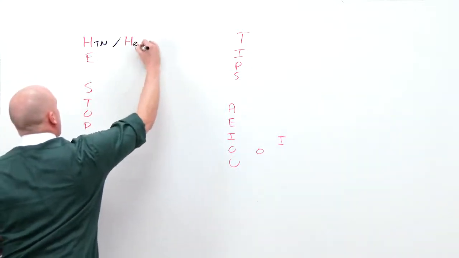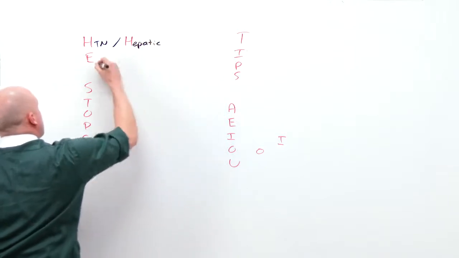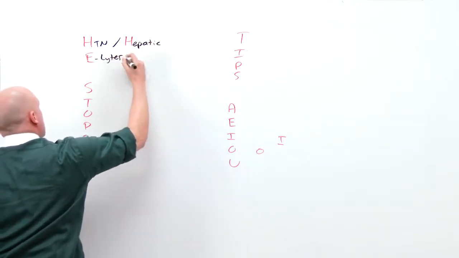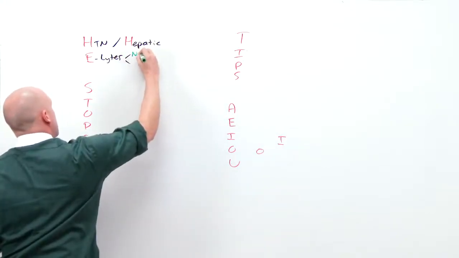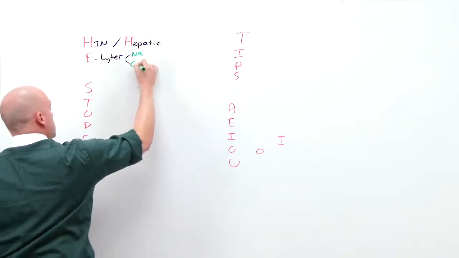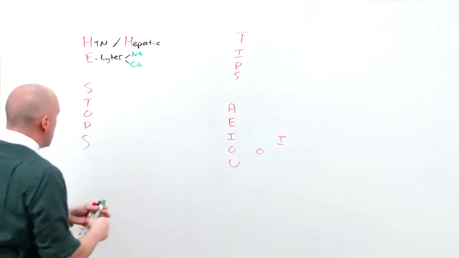Hypertensive or hepatic encephalopathy. E is for electrolytes. In particular, sodium can go in either direction, or calcium, usually hypercalcemia.